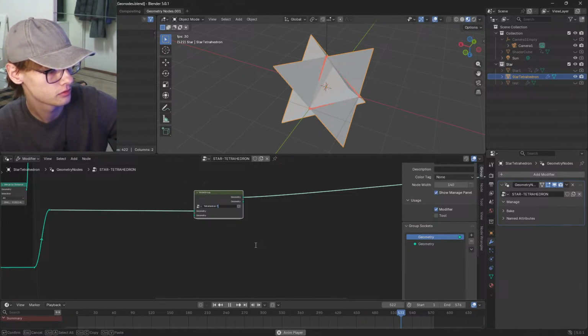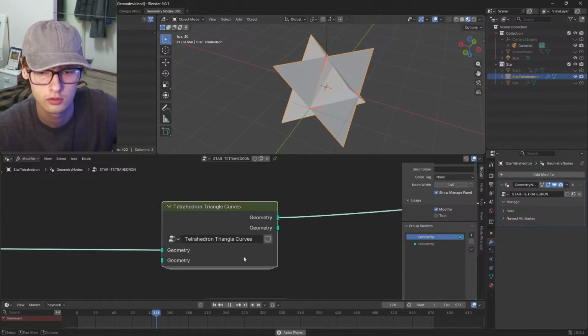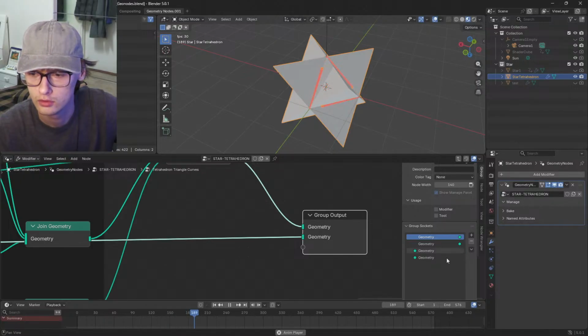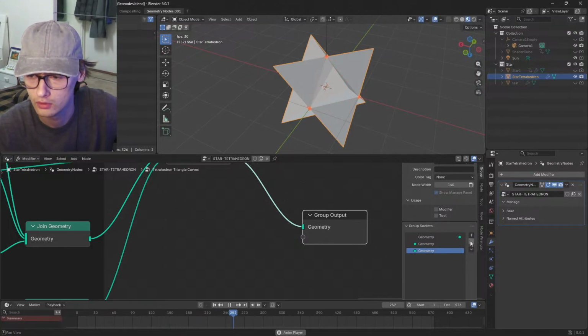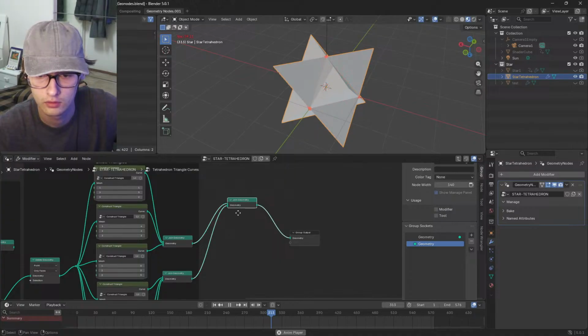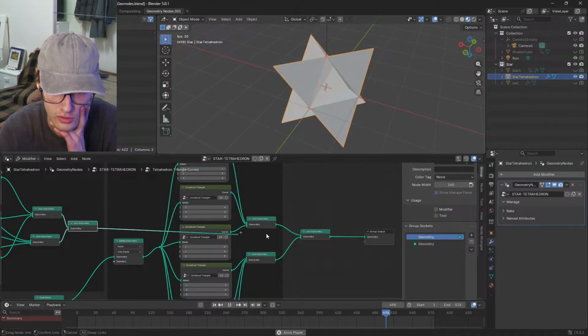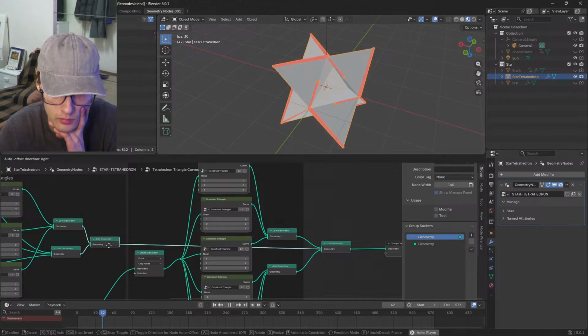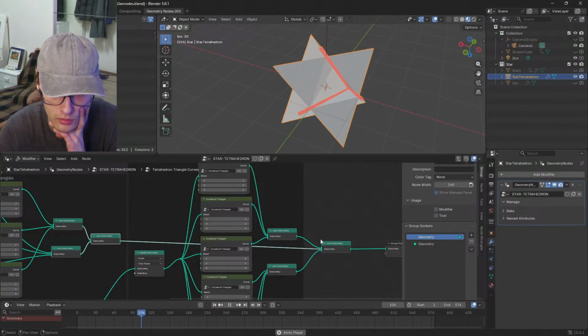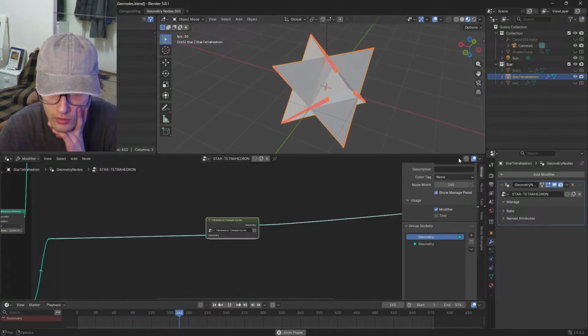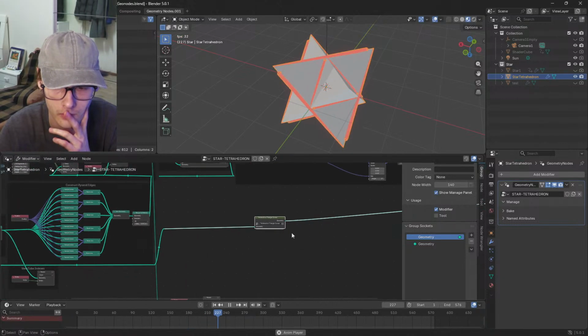Hedron triangle curves. Yes. Oh, this needs to go there. Cool.